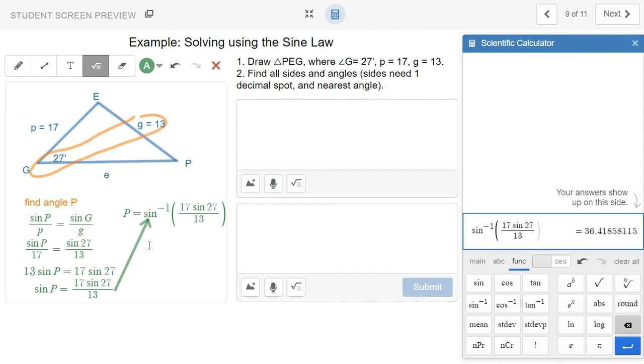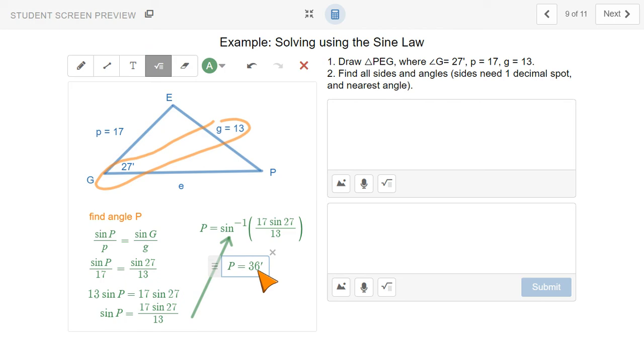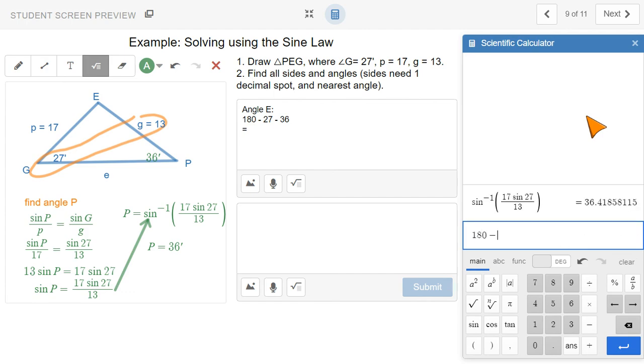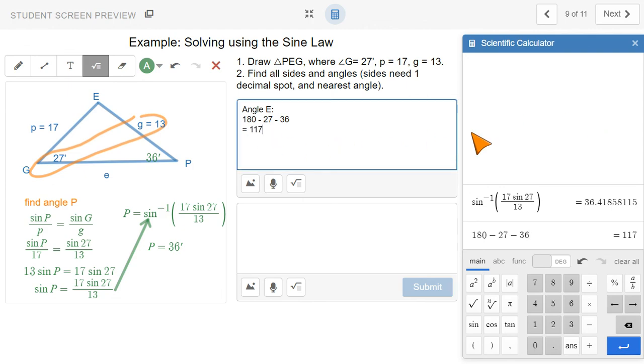Let's round it to the nearest angle, and we have P is equal to 36 degrees. Okay, now that we have 36 degrees, I can use the sum of a triangle to get angle E. So we have 180 degrees minus 27 minus 36. 180 minus 27 minus 36 is 117.